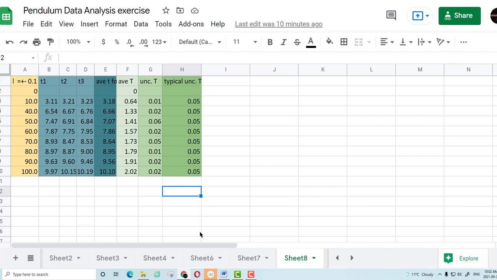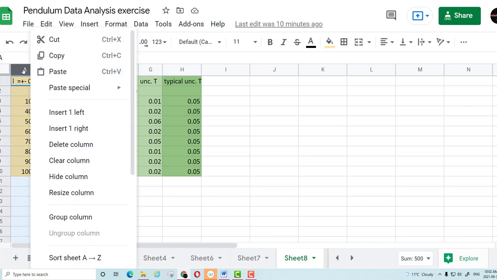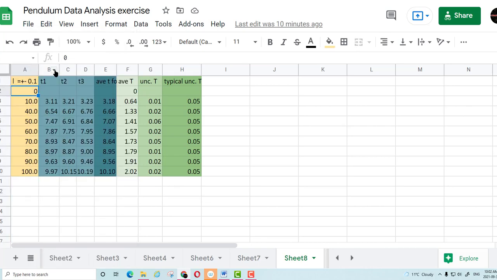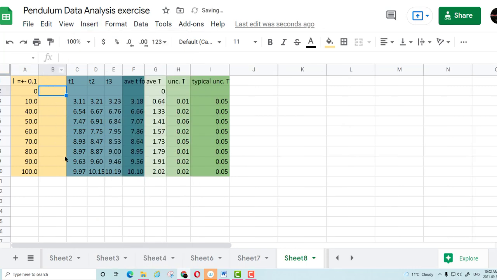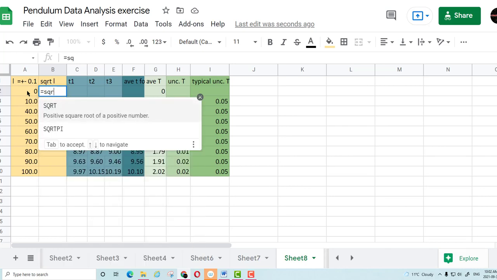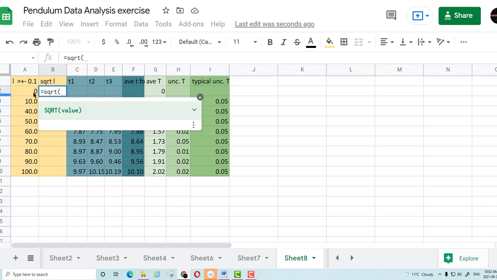So I'm going to be needing a new column of data. I need my square roots of L. So what I'm going to do is insert a column to the right of the first column, column A. So now I've got a new blank column. This is going to be for the square root of L. And so I need a formula, equal sign, SQRT for square root.